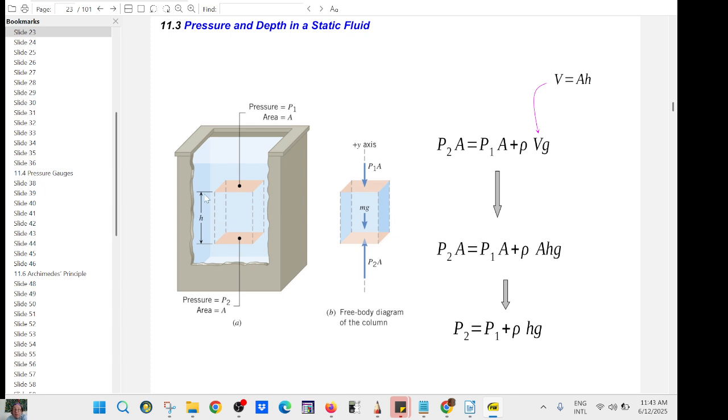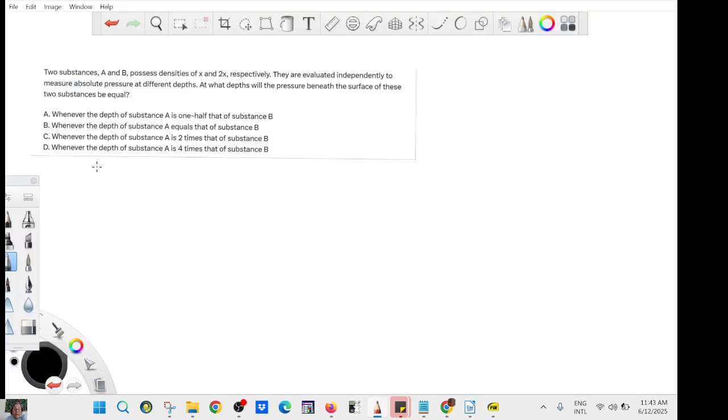So it means that if you multiply the density by 2, delta P will also be multiplied by 2 for the same delta H. So delta P, the hydrostatic pressure, is the difference in pressure for a difference of height delta H. It's proportional to the density and proportional to g.